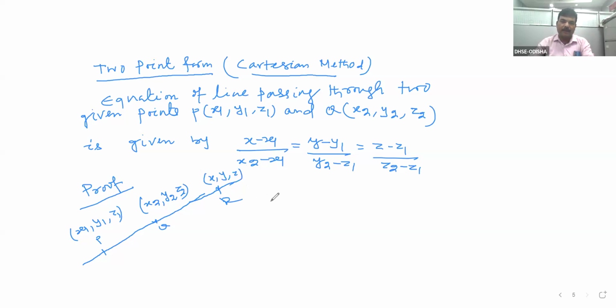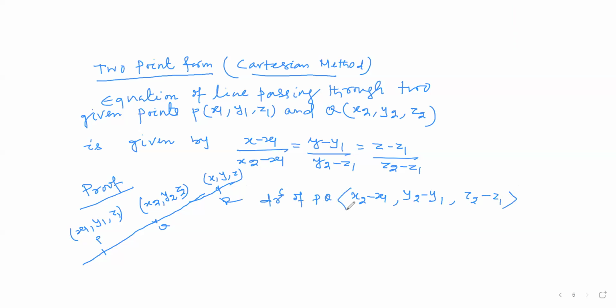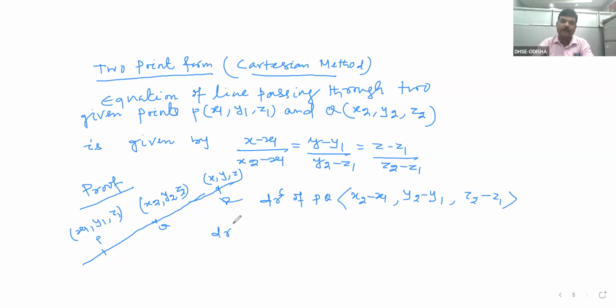So DRS of PQ, by two-point formula, are x2 minus x1, y2 minus y1, z2 minus z1, and the DRS of PR are x minus x1, y minus y1, and z minus z1.